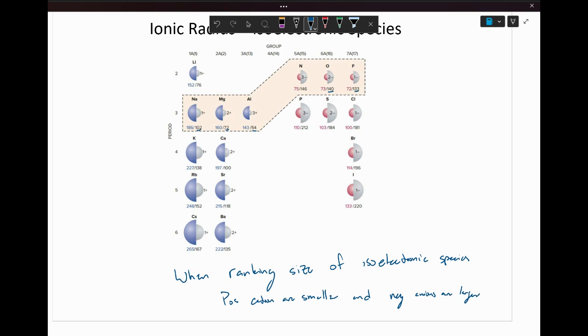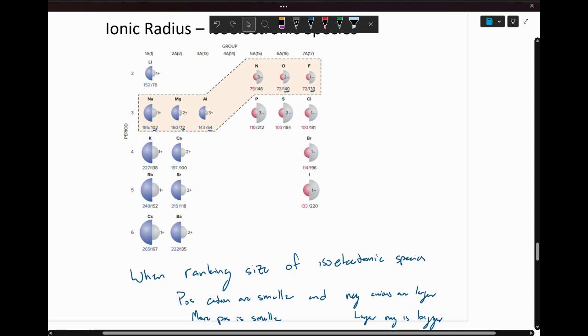And the more positive you are, the smaller. And then the larger the negative, the bigger. And that's the big takeaway here.